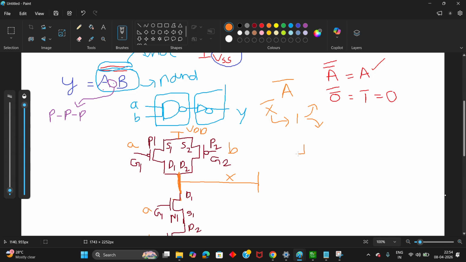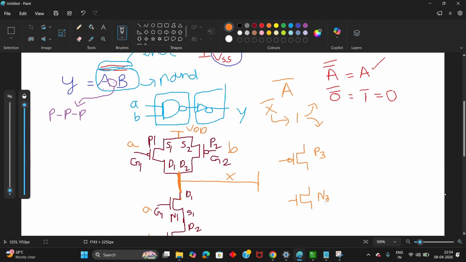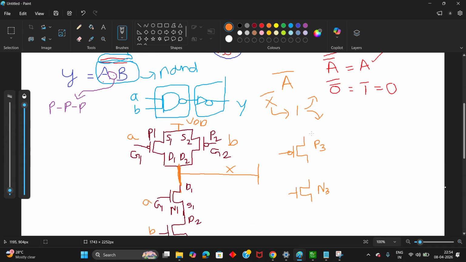So let us take them. This is PMOS and this is NMOS. Give names to these transistors as well. I am going to name this PMOS P3 and this NMOS N3. Now name the sources and drains.